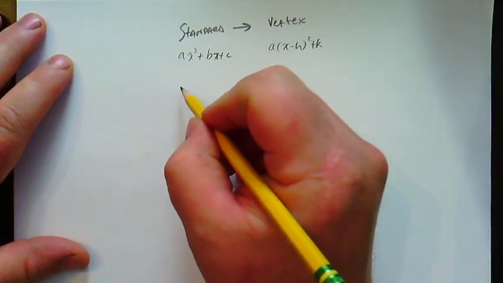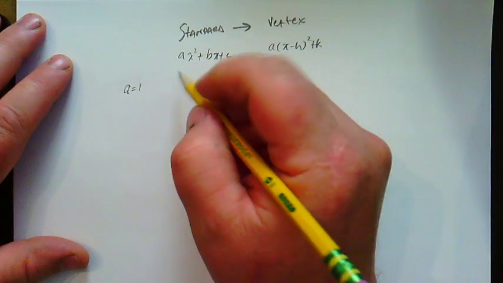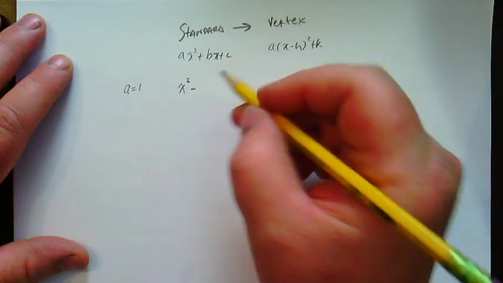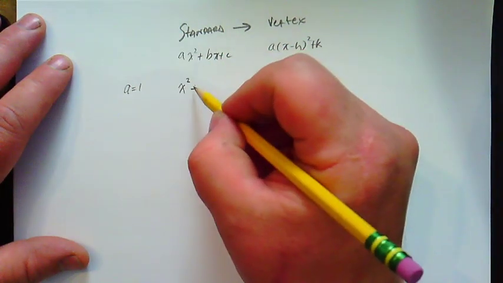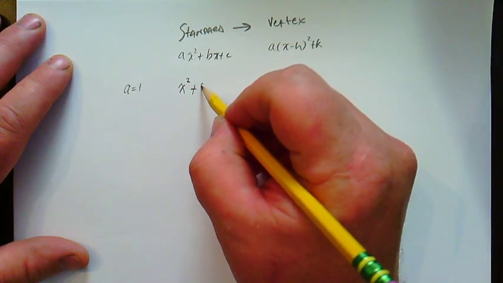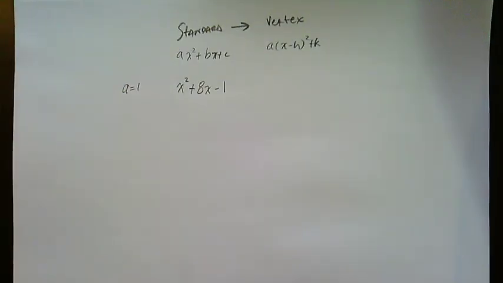So let's do the easy example first, when a equals 1. Let's say we had x squared. Let's do the easiest kind of example where b is positive and it is even. So let's say we're going to do that one right there, and we're going to have to change this to vertex form.